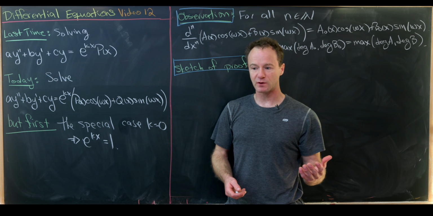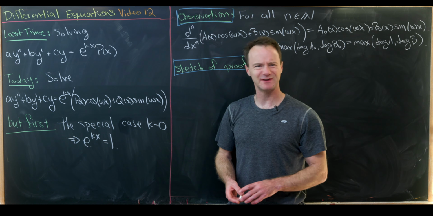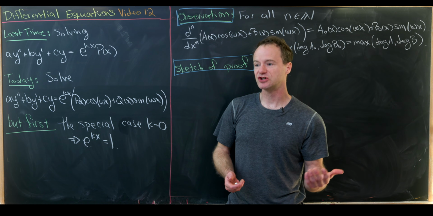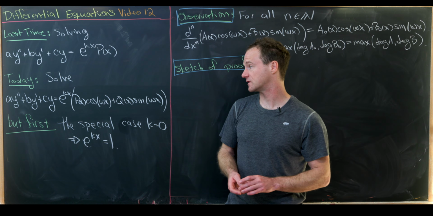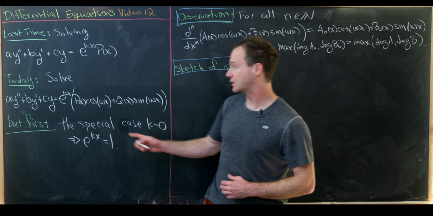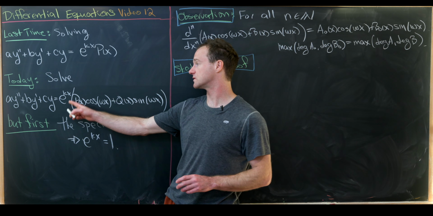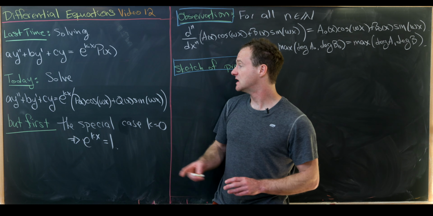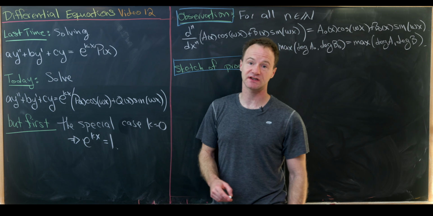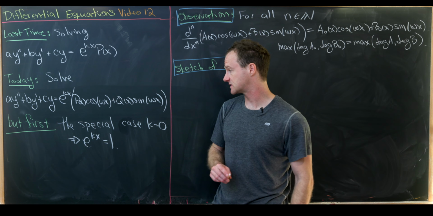And so today we want to up that a little bit and look at more general forcing functions, but not completely general, just another class of forcing functions. In particular, we'll be able to solve differential equations ay double prime plus by prime plus cy equals e to the kx times p of x cosine omega x plus q of x sine omega x.